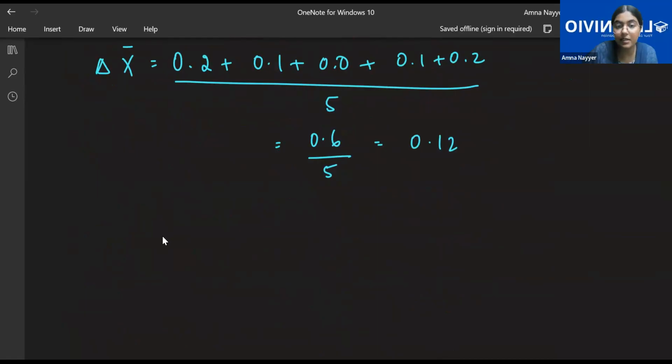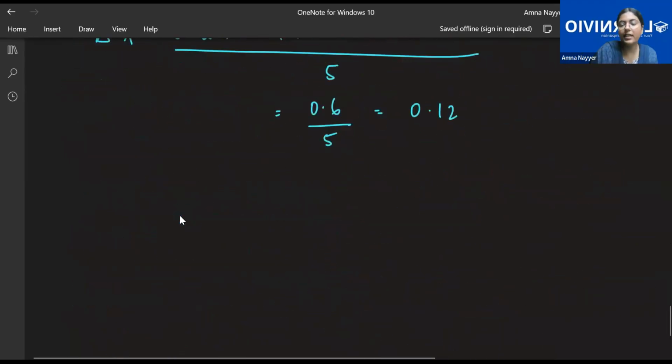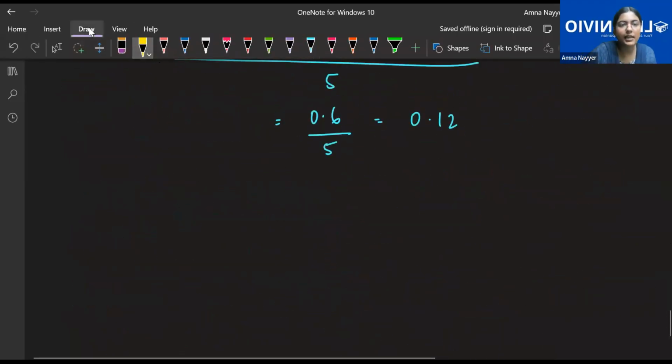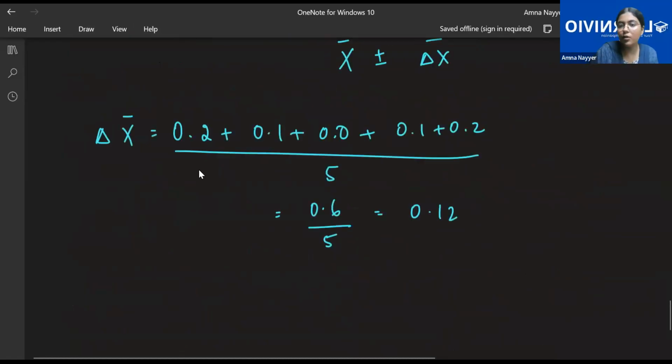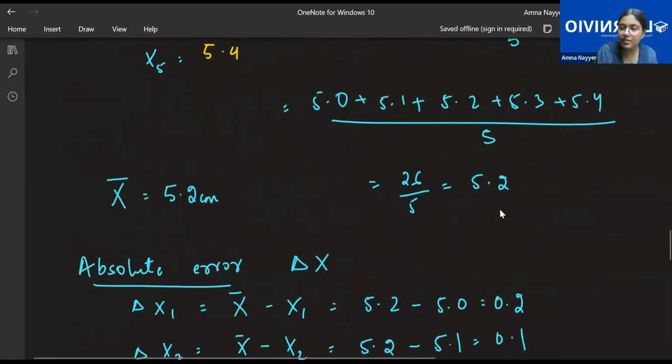Now, finally, how will I represent my answer? Whatever were my readings, suppose these were my readings. What's the final value of my answer? I'll say the mean value. Look, what was the mean value that I got? The mean value was this when I added them and divided them by 5. That was 5.2.